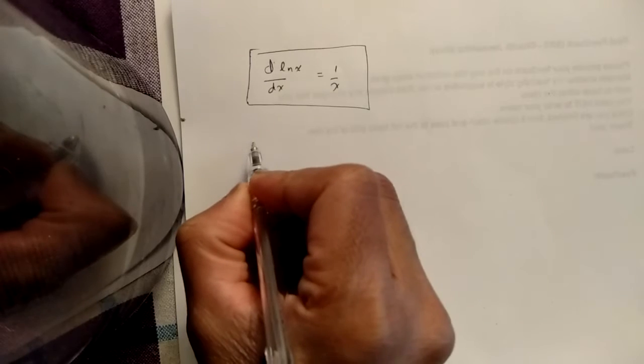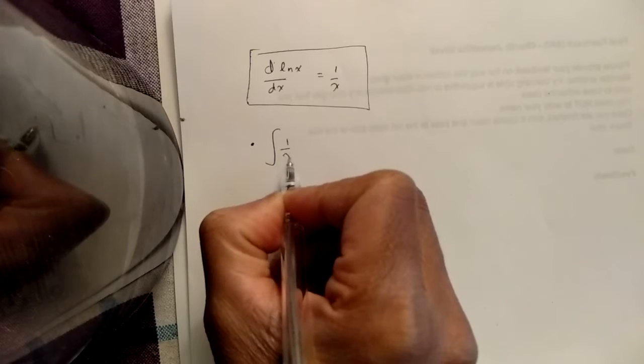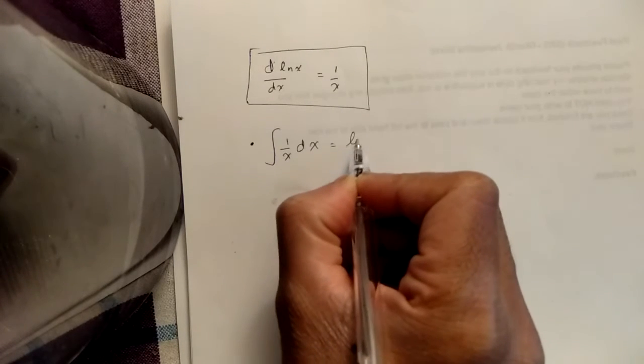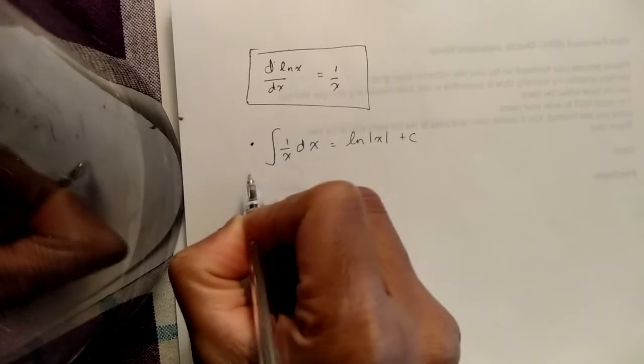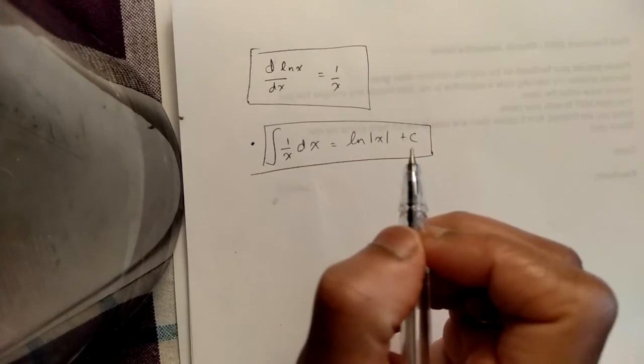And I'll do an example. For example, the integral of 1 over x with respect to x is equal to ln mod x plus c. So this is a standard integral rule, right?